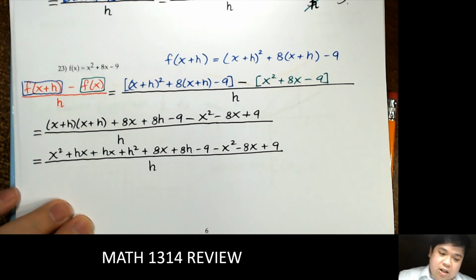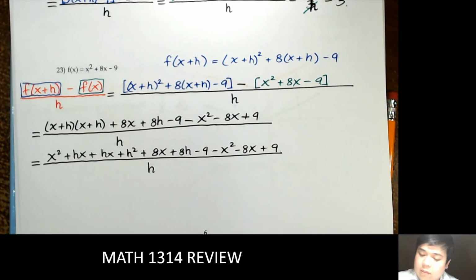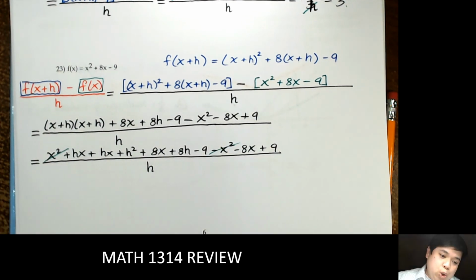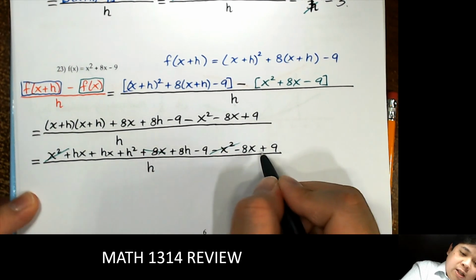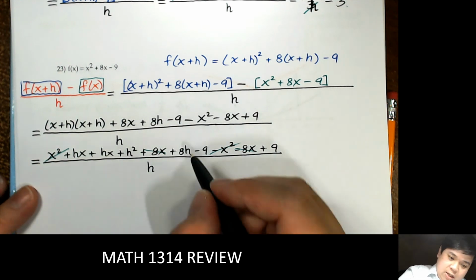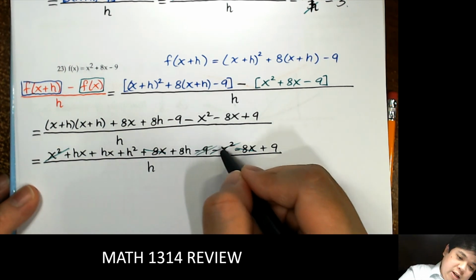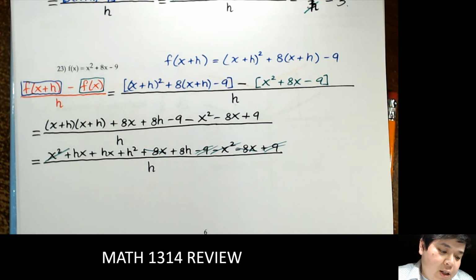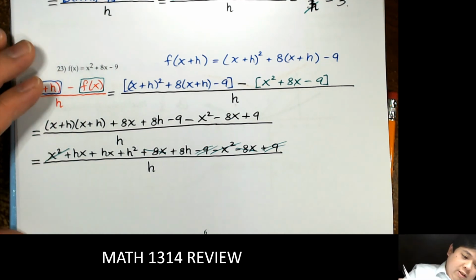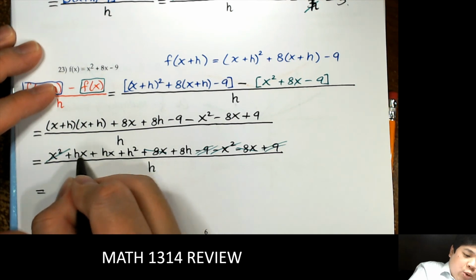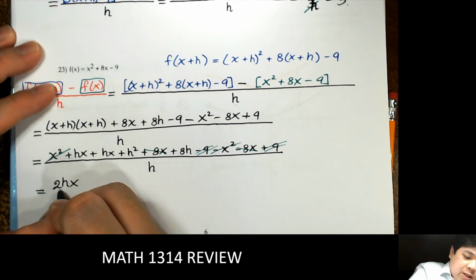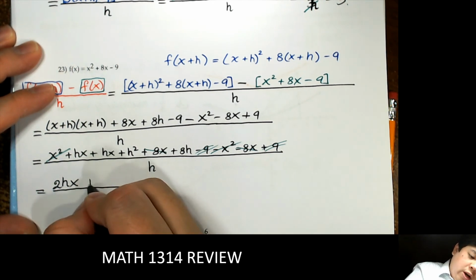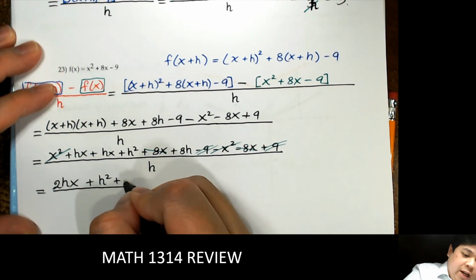Alright, let's see what we can simplify here. x squared, negative x squared, that's good. ax, negative ax, and then the negative 9 plus 9. So that's what we're left with. Here we have 2hx, h squared and ah.